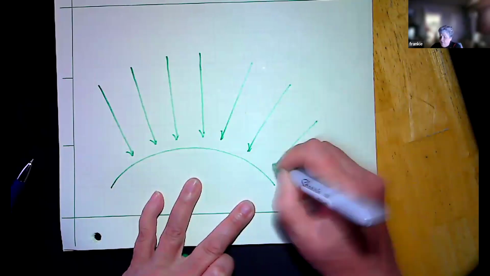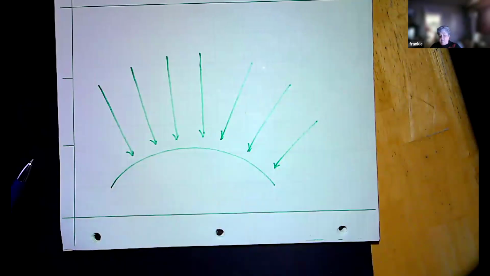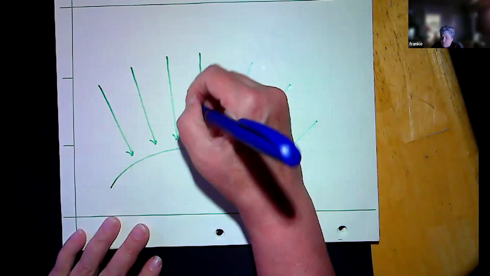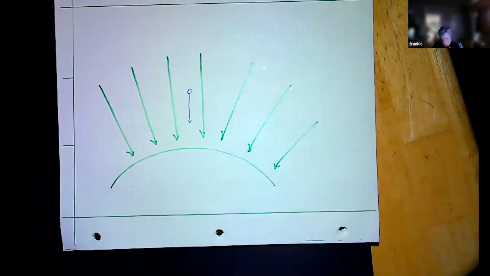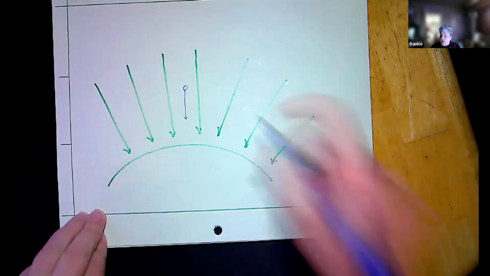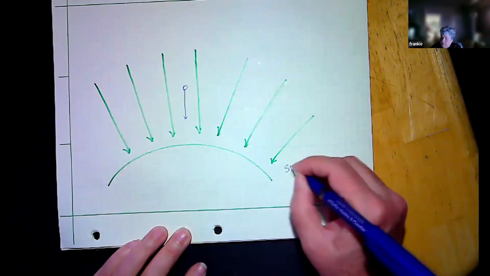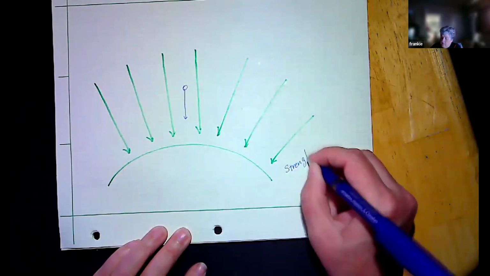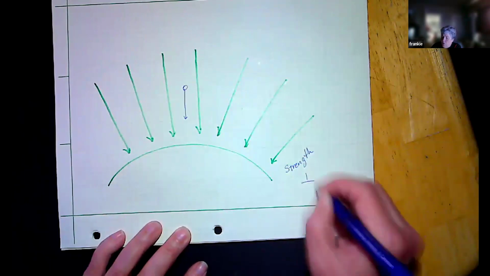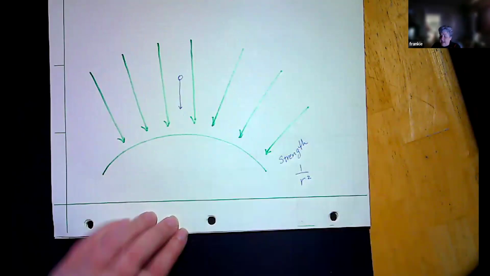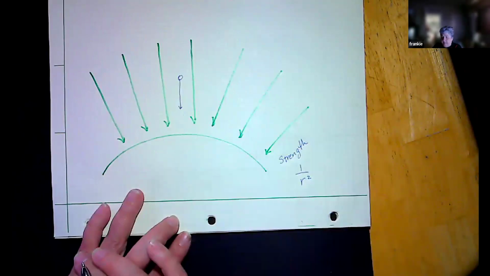But I've got a field force, and if I did this with a mass object, my mass object would be attracted in. And we know that the strength of this force is going to decrease as 1 over r squared. So we get that idea of what's happening there.